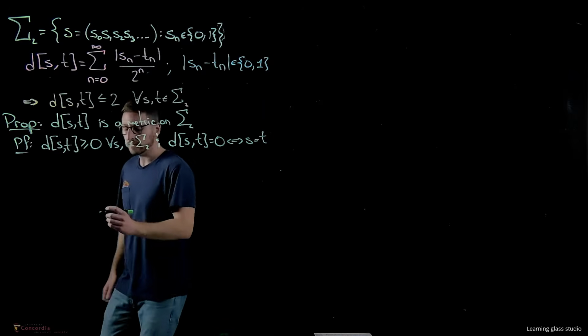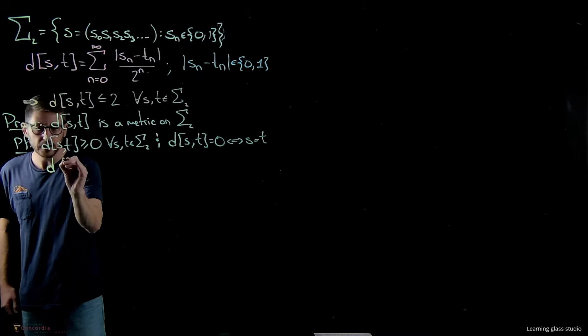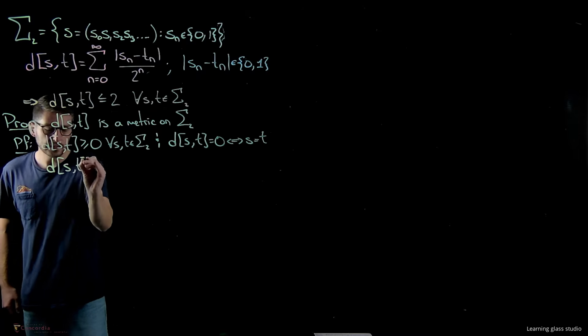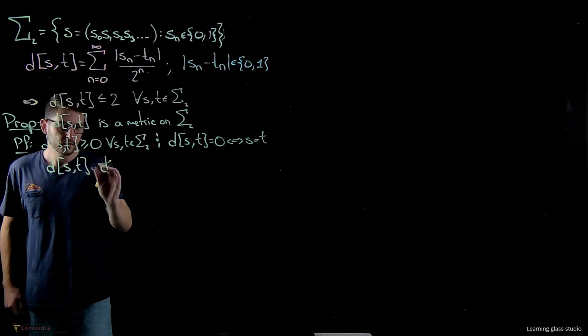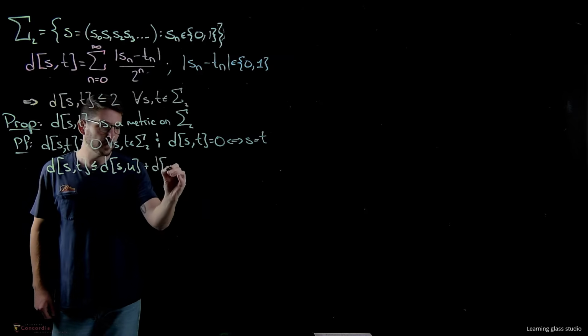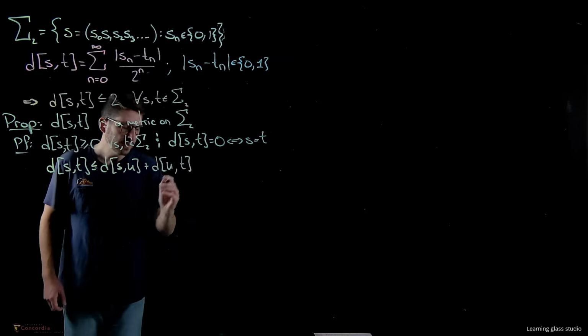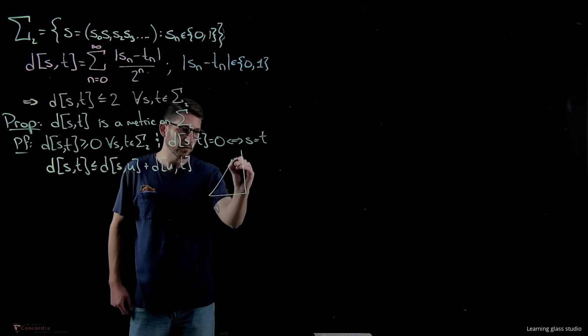And the last piece of this is the triangle inequality. So one of the defining features: the distance from s to t is less than or equal to the distance from s to u plus the distance from u to t. And where this comes from is traversing a right angle triangle effectively.